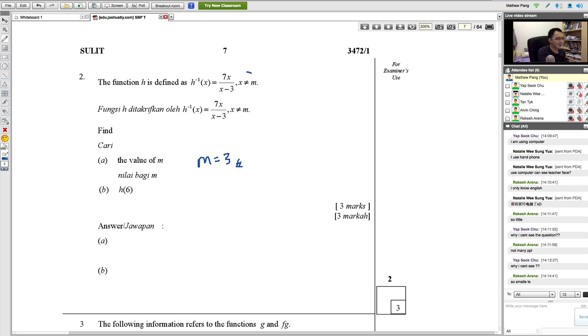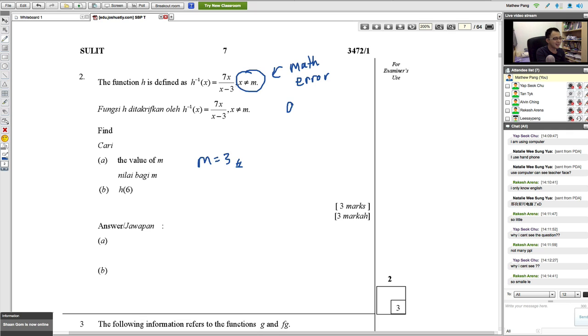Because x cannot equal m. What the question means is if x equals m, you will get a math error, or you will get something we call infinity. My writing is so ugly, let me write again. So in mathematics, how do we get a math error?